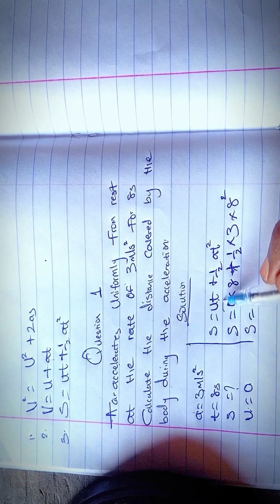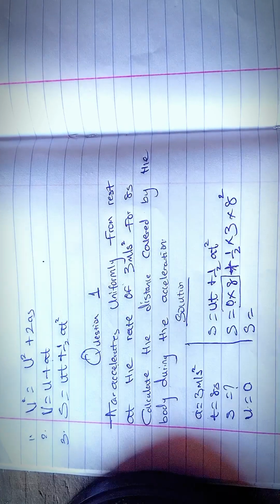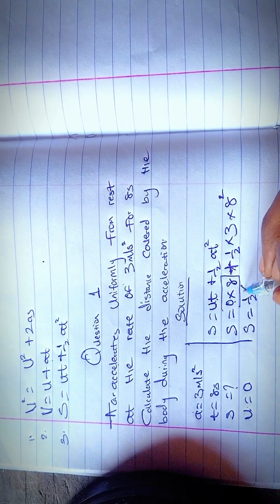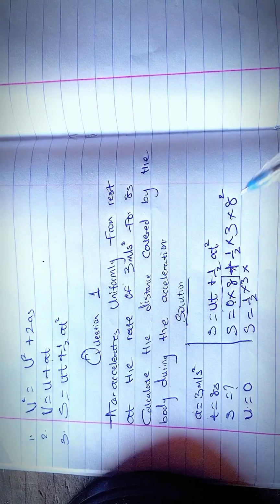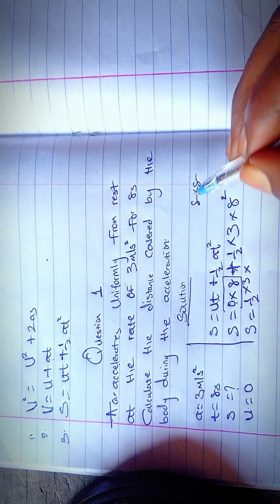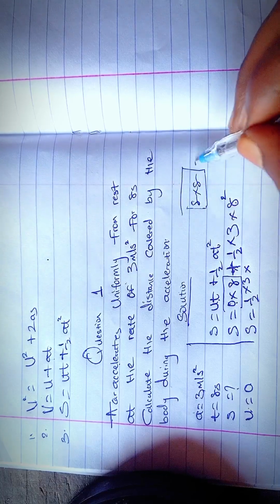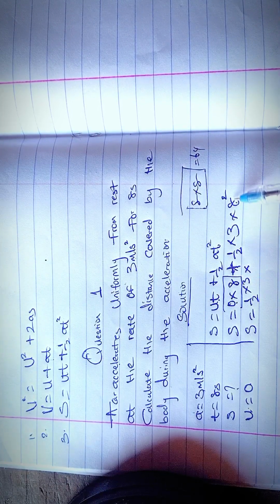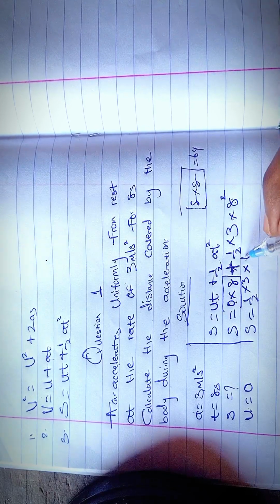Automatically this side has gone out because it is 0. So I bring my 1 over 2 times 3 times 8 squared. What is 8 squared? 8 squared means 8 times 8, which is 64. So instead of 8 squared, I'm going to put 64.